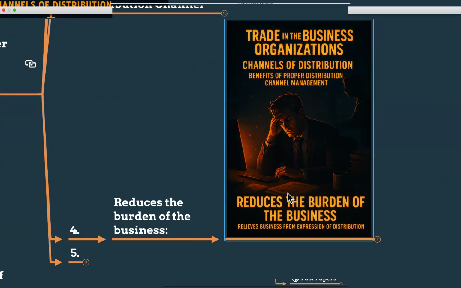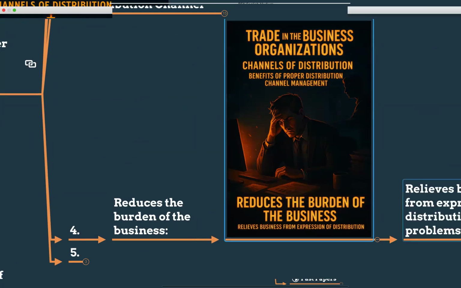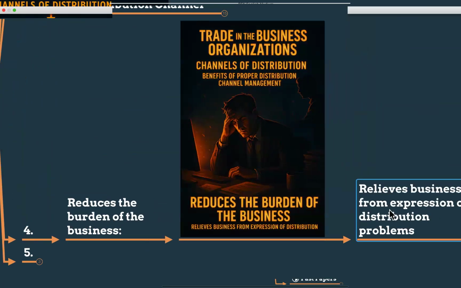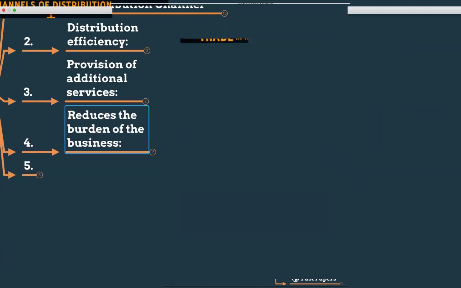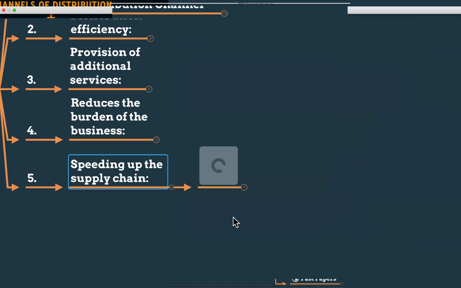So you as a producer can focus on and improve your product, right? So it relieves the business from distribution problems. Intermediaries can handle the distribution, but you have to manage the distribution channel. So Maliban company can focus on making biscuits, not running shops, right? That reduces the burden of the business if you have proper distribution channel management.